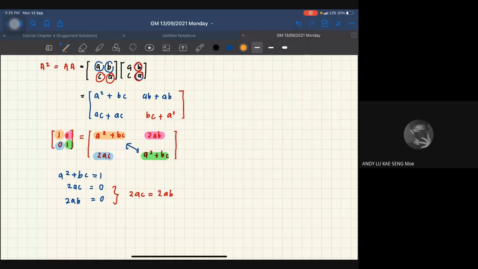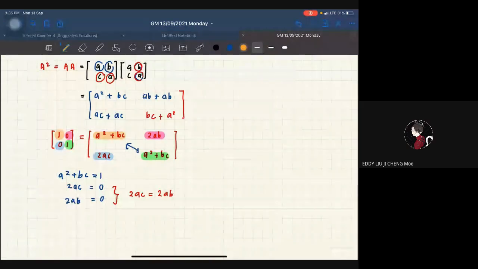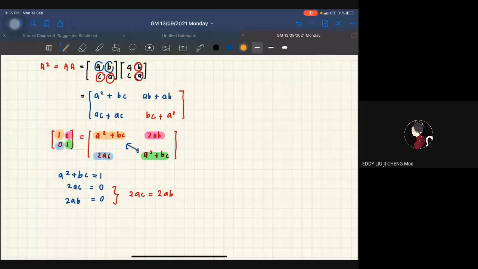From this one, what can you do? C equals B. Correct. So we cancel out these two, because here there is 2A and this one also has 2A.